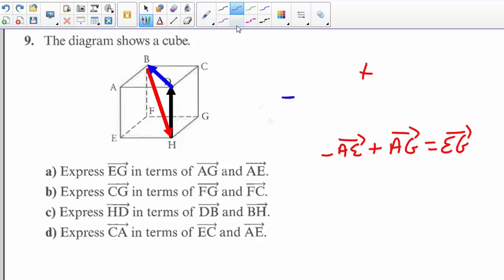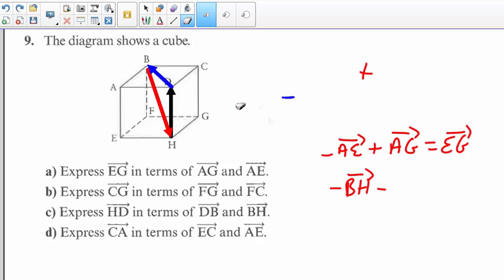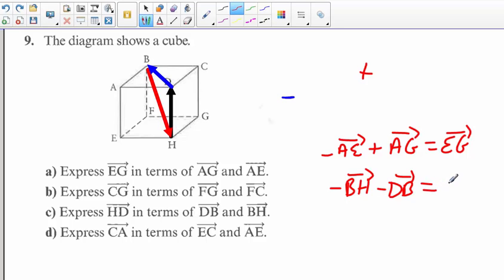So I want the negative of BH plus the negative of DB, or I guess minus DB, and that will give me the HD that I'm looking for.